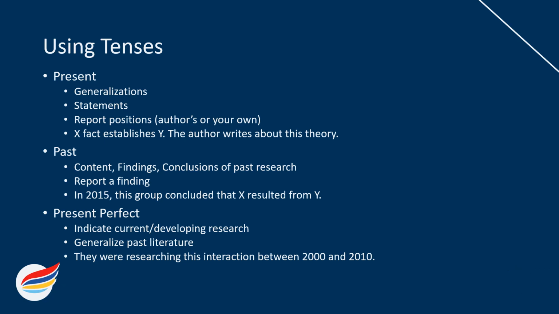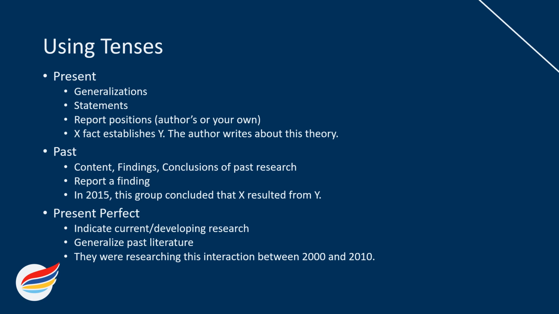When you write your literature review, it's important to consider your tenses, since this will help establish what kind of statement you're making. The present tense should be used to make generalizations, statements of fact, or report positions, whether it is the author's or your own. This is because these sentences will demonstrate something that is happening.